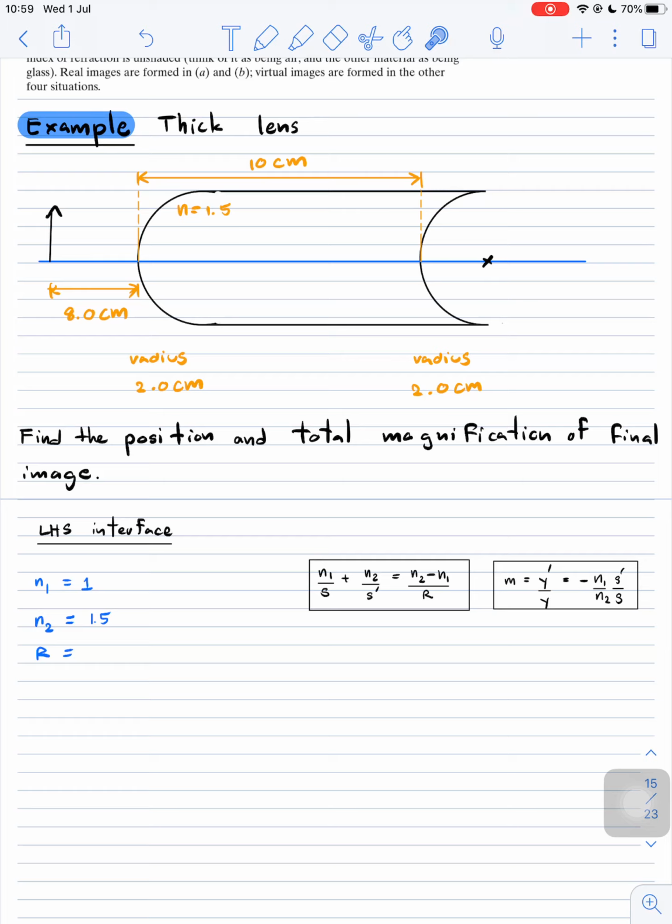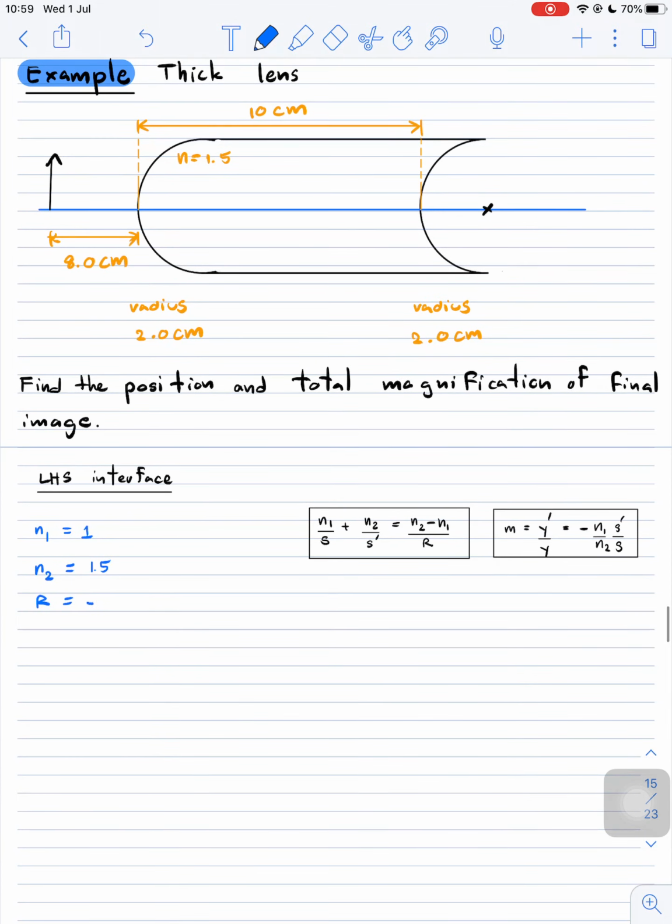In this case, the center of curvature is this position, right? And it's on the same side as the refracted ray, okay? Because light comes from here and refracts, so the refracted ray is on the right hand side and the center of curvature is on the right hand side as well. It means that R must be positive, right? 2.0 centimeters, that will be R.